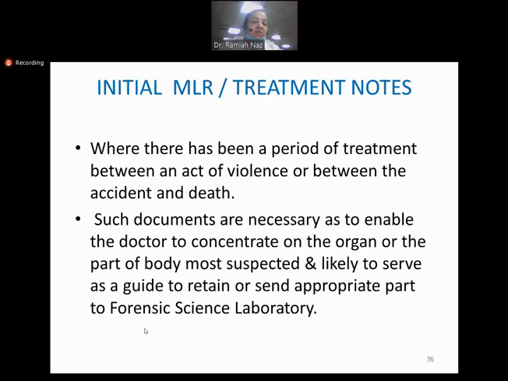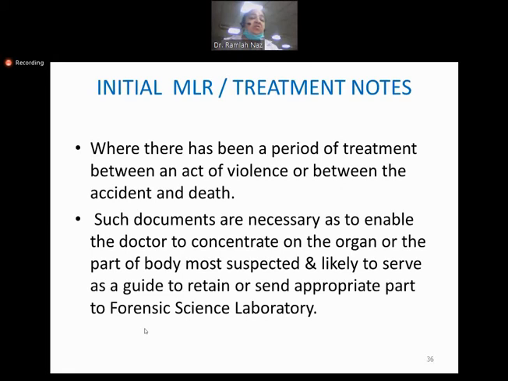But it's the rule of thumb, I'm telling you, you have to open all three cavities. But once you know it is traumatic asphyxia, with ribs fractured, then your focus is going to be on the thoracic cavity. If it's hanging or strangulation, your focus is going to be more on the neck and the upper thoracic cavity.